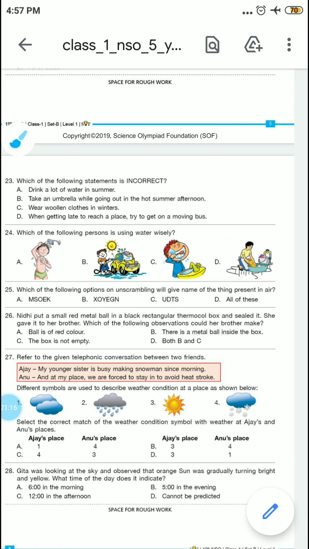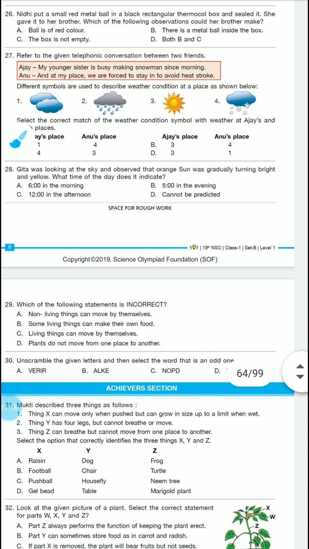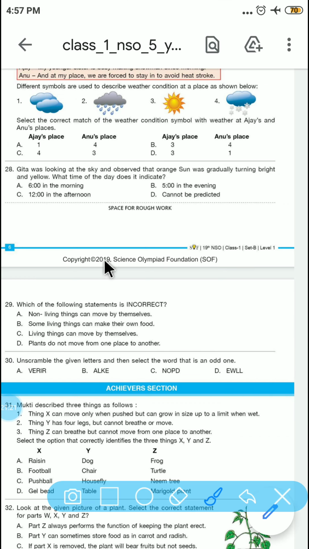Now let's move on to question number 28. Geeta was looking at the sky and observed that the orange sun was gradually turning bright and yellow. What time of the day does it indicate? Afternoon?